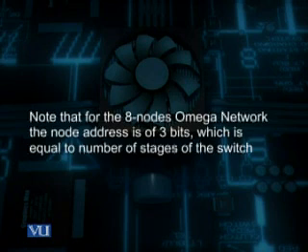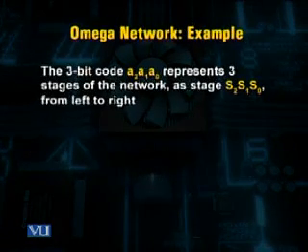Because there are 8 nodes, the address will range from 000 up to 111. And the number of bits is equal to the number of stages in the switch. Here, the 3-bit code, for example A2, A1, A0, may be used to represent the 3 stages of the network, that is, the stages S2, S1, and S0 respectively.